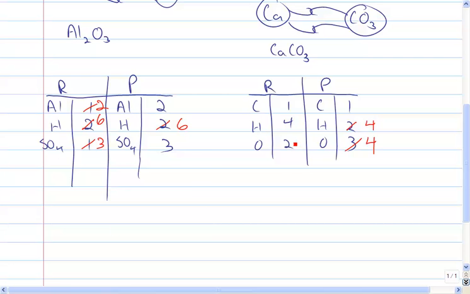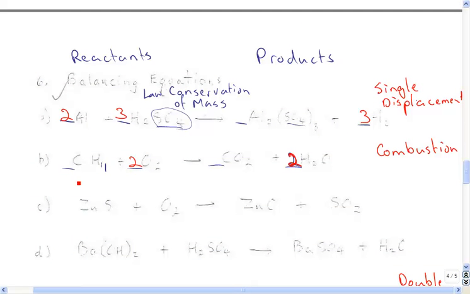And sure enough, it's balanced. I've got 1 and 1, 4 and 4, and 4 and 4. Let's go back to make sure that we've done it right here. So I look at this, I've got 1 carbon, 1 carbon. I've got 4 hydrogens.